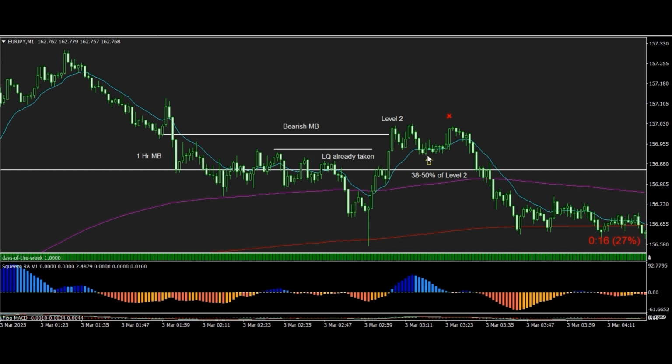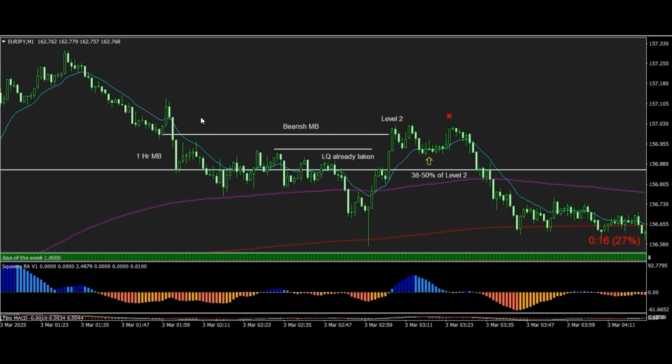And then if you enter, you're expecting price to move higher. However, again, like the other trade, liquidity has already been taken, but even more so, there's a bearish mitigation block right here on a 1 minute chart.